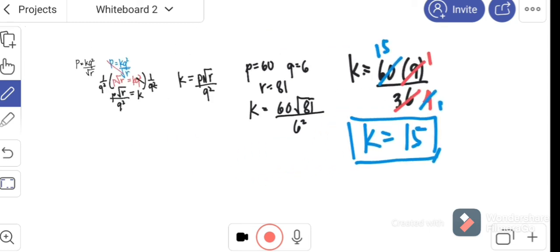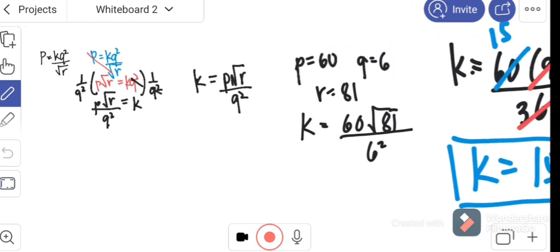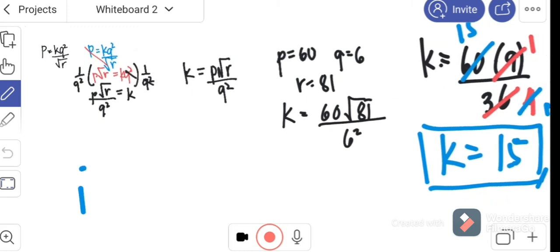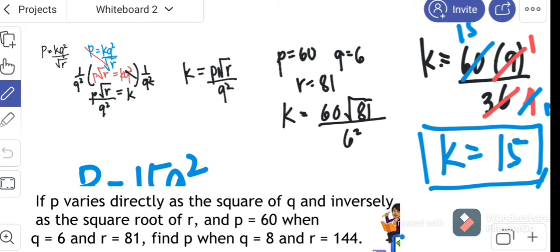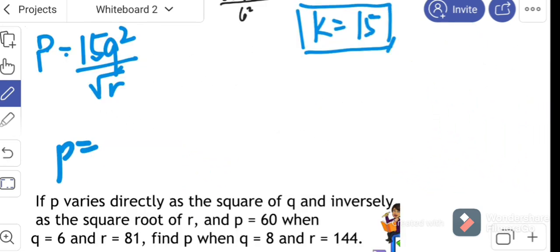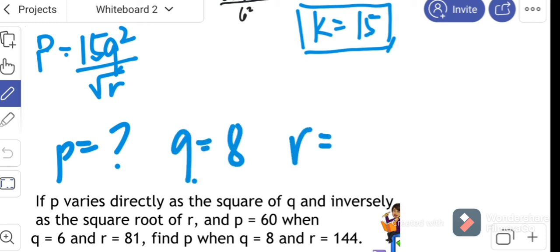Now let's change the equation. That would be P is equal to 15 Q squared over the square root of R. Okay, we're going to look for P when Q is equal to 8 and R is equal to 144.